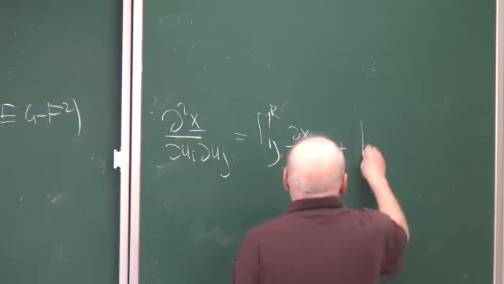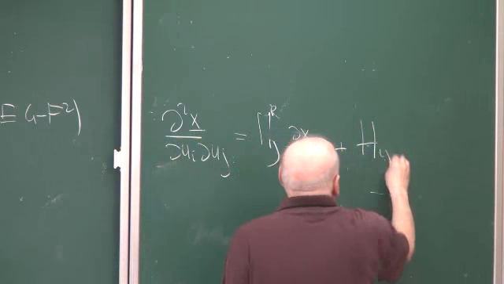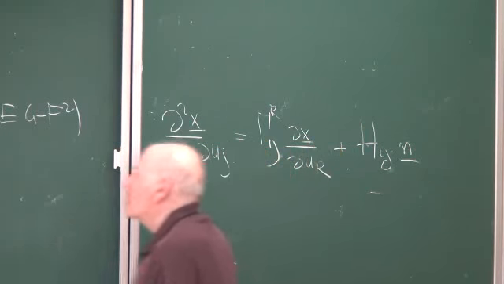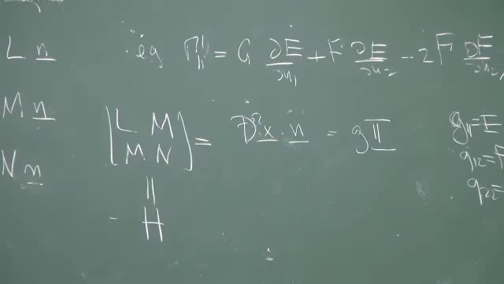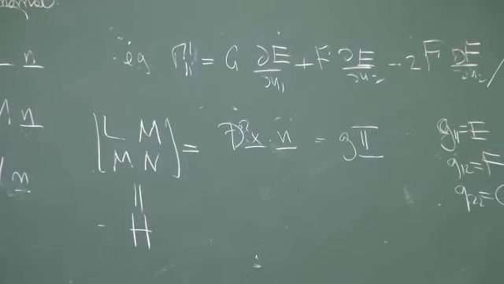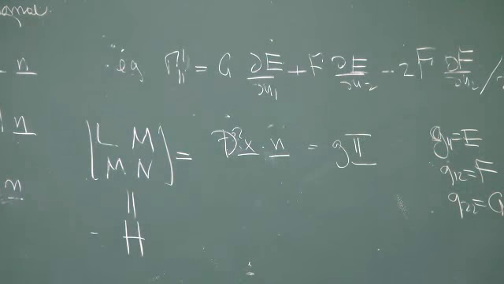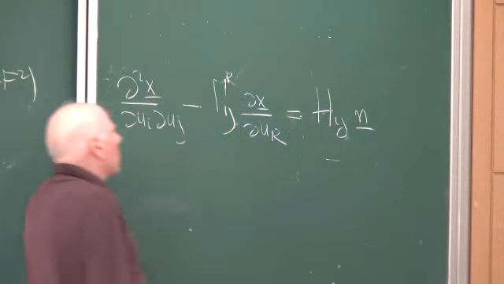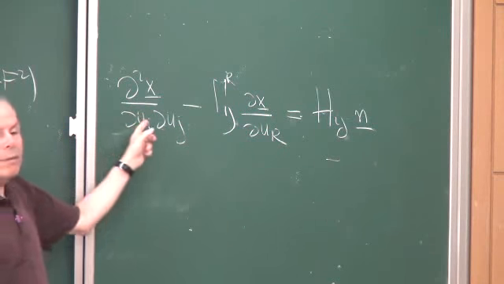Okay, so I'll use the letter capital H, so it's some capital H, a 2 by 2, times the normal, where capital H is precisely this guy. So I know how to find each of these guys by very quick shorthand. So you don't have to write down the full story. But if I move this guy to the left-hand side and put an equal sign, we see that this is just an operator on first derivatives.